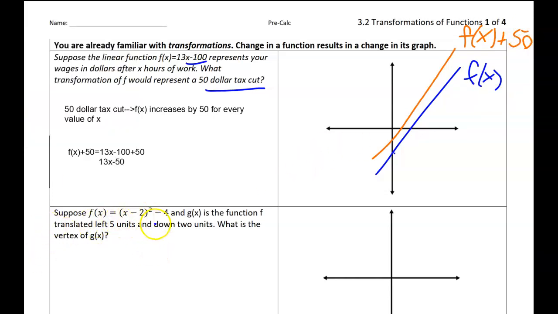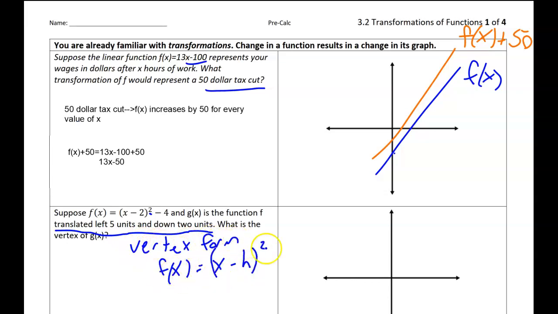Next, we're going to consider a parabola. So notice we have an x squared, and we're just going to shift it around. So here we have translated left 5 and down 2. So we've got to draw our original parabola, and then we'll figure out what our new parabola should look like. This is vertex form. This should be, again, familiar from Algebra 2.